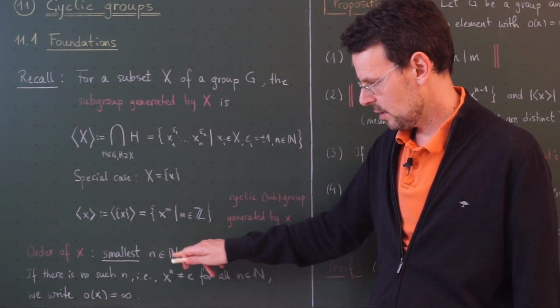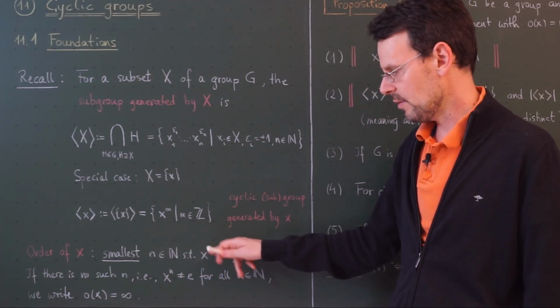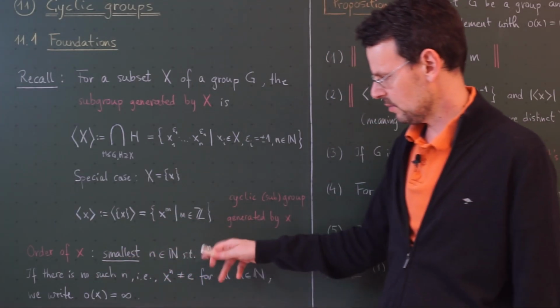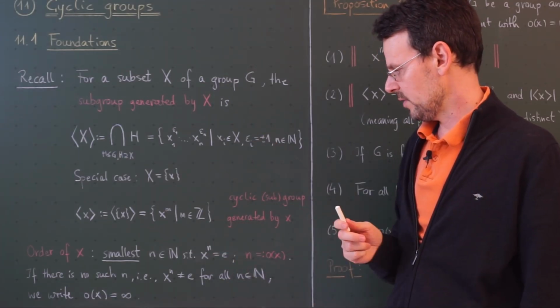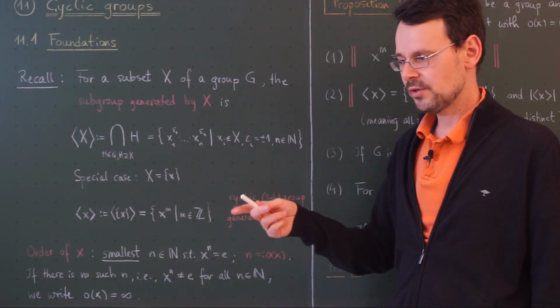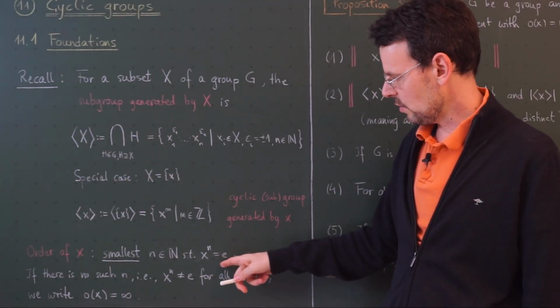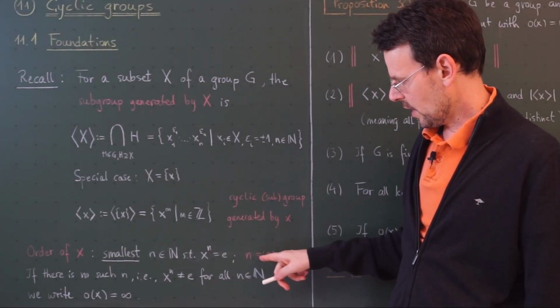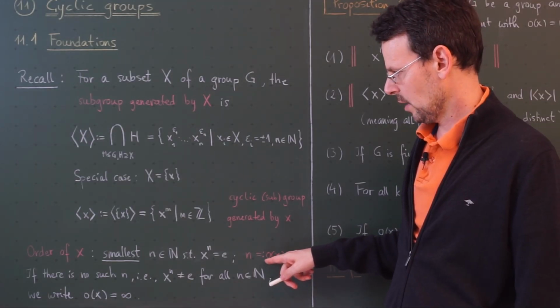Be aware that in my case the natural numbers do not contain 0, because otherwise it would be a senseless definition, because x to the 0, as we just had here before, would always be the identity. So this is the smallest positive integer, so the numbers 1, 2, 3 and so on, such that this holds. And this number I call O of x, the order of x.